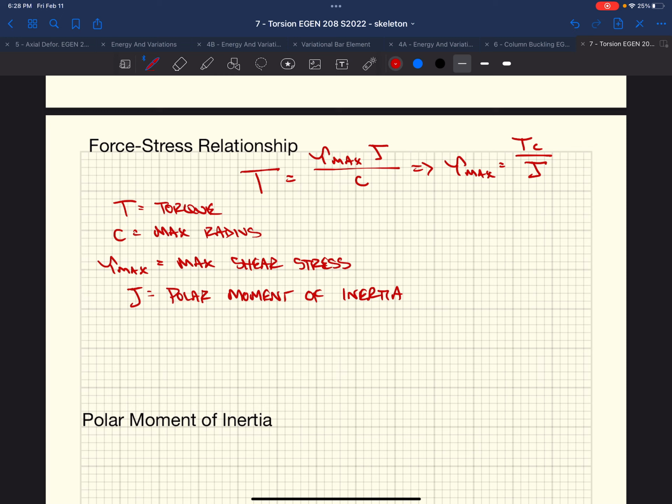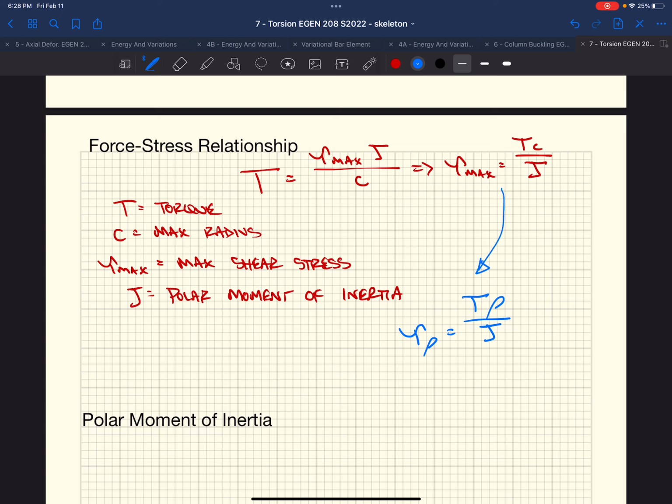And similarly, if we pulled back out and looked at that tau max equation, if we want to know the stress at a given radius, we could apply the torque, multiply it by a given radius divided by J. Just essentially the same thing.